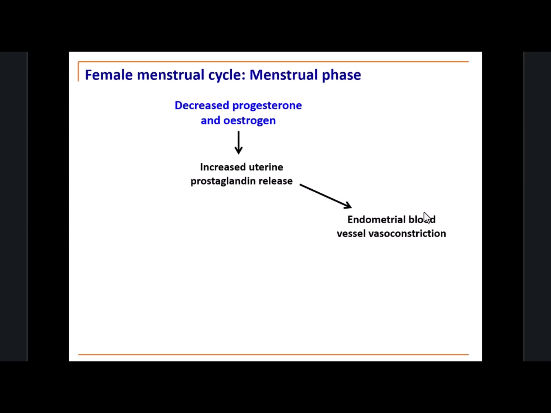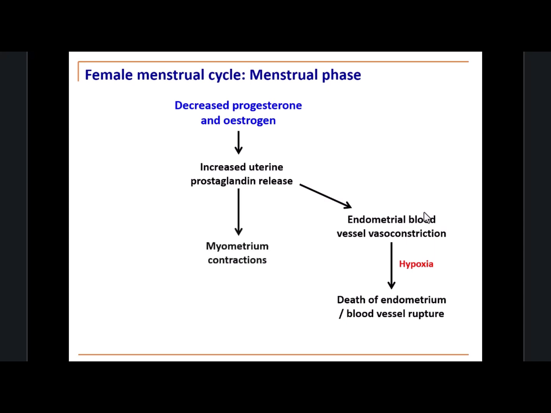Now, we've talked about what happens with vasoconstriction. If you vasoconstrict blood vessels, the tissue beyond them starts to become hypoxic. And so that hypoxia leads to death of the endometrium and blood vessel rupture. So immediately we're thinking, okay, so this is why the endometrium is going to start to die.